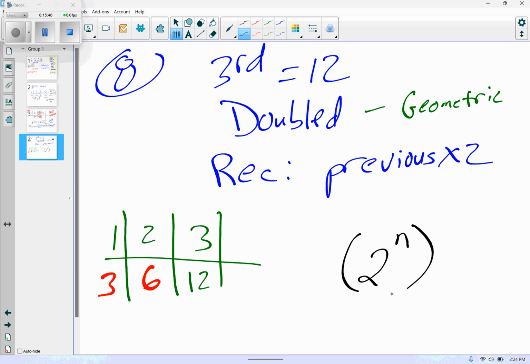Let me try this one. 2 to the second is 4, but I get a 6 here. Let's go 2 to the third, which is 2 times 2 times 2, which is 8. 8 gets to 12 here. So it looks like I'm adding 2 here, then I get to 4. We have to do it some other way. What do you think?